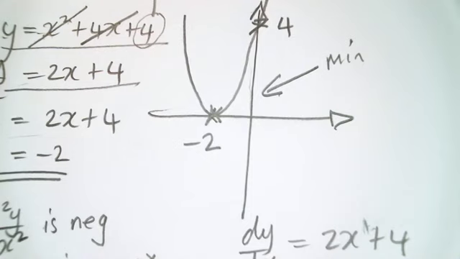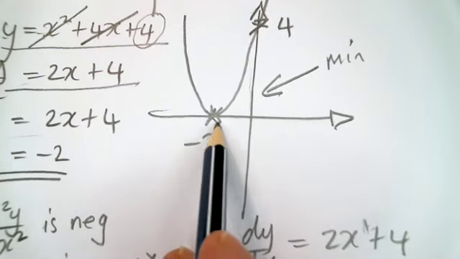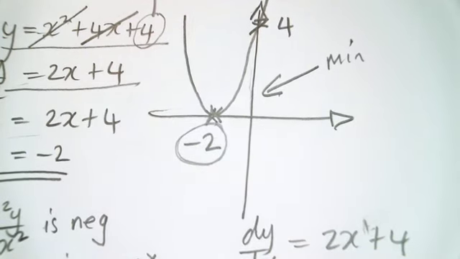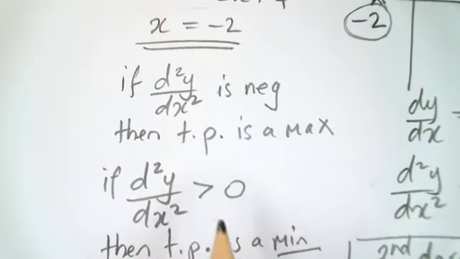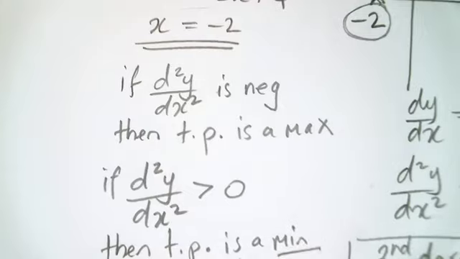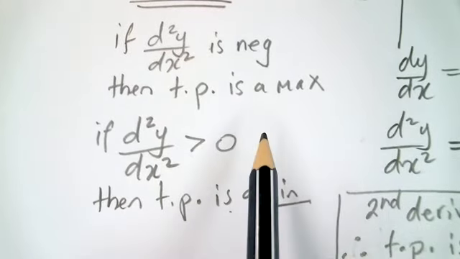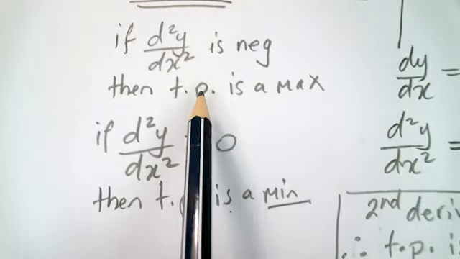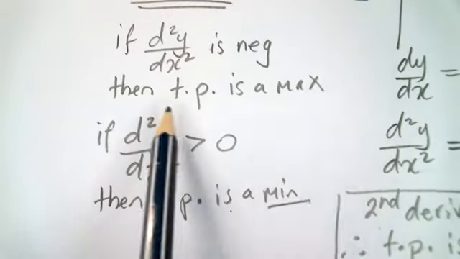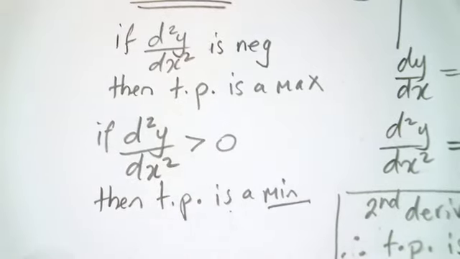We have to use the x value of the turning point, and substitute that value into the second derivative, and then ask the question, is the second derivative less than 0, or is it greater than 0? If you feed that value in to the second derivative, and I'll show you this in a second. I'll do exactly this in just a moment. So I'll show you that now.